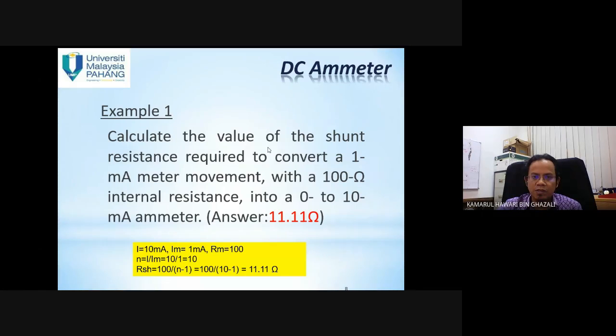Calculate the value of the shunt resistance required to convert a 1 milliampere meter movement with 100 ohm internal resistance into a 0 to 10 milliampere ammeter. So by using the previous equation, you can calculate the value of the shunt resistance required. You can use the equation just now and fit the values into the parameters in the equation, then you can get the shunt resistance of 11.11 ohm.